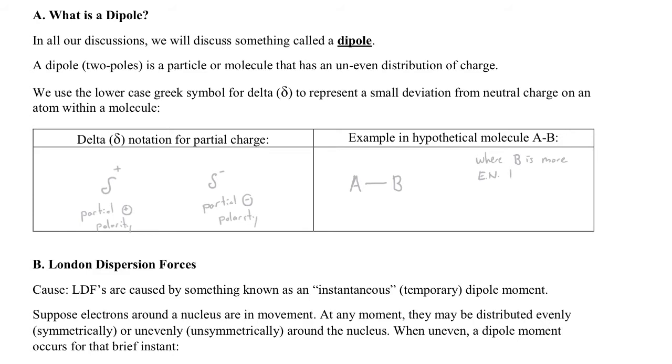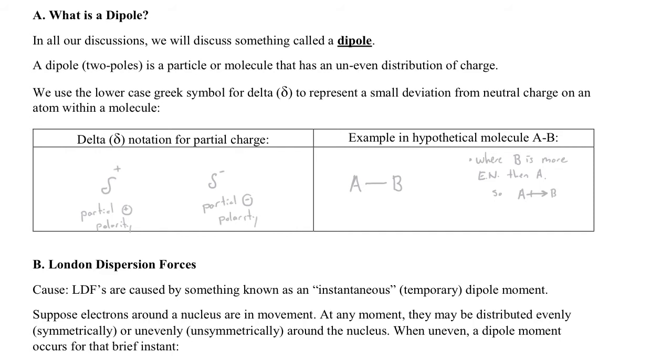Now, where does this difference in charge actually come from? Well, to discuss that, let's think about a hypothetical molecule where we have A bonded to B, and B is more electronegative than A. Now, when we learned about the covalent bond, we saw that when we have a more electronegative atom bonded to a less electronegative atom, there ends up being an uneven sharing of the electron pair that comprises the covalent bond between them.